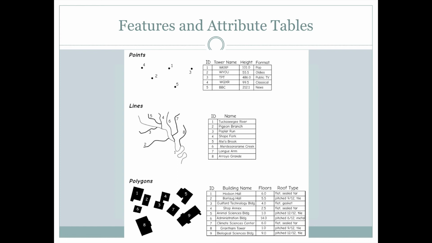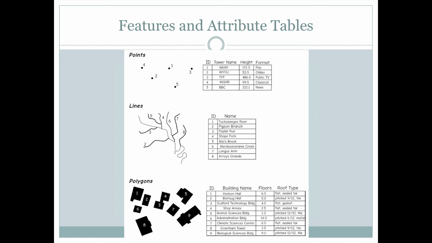And then all of the columns in the attribute table can be any attribute or any sort of feature or any sort of thing associated with that feature, such as in this case how high the tower is, or what the name of the tower is, or what format of music the different radio towers play in this area.